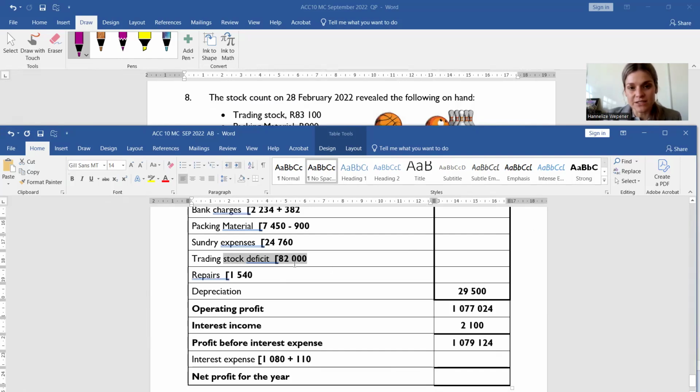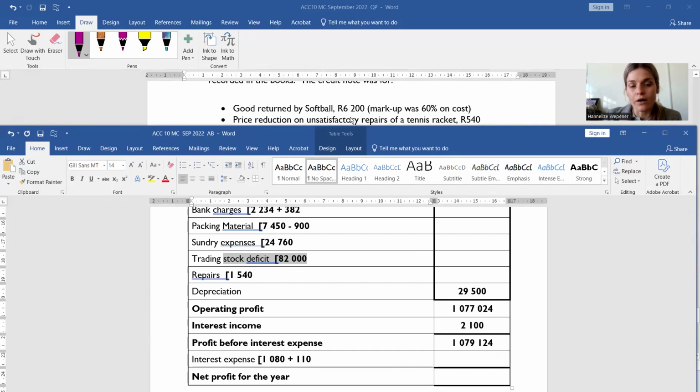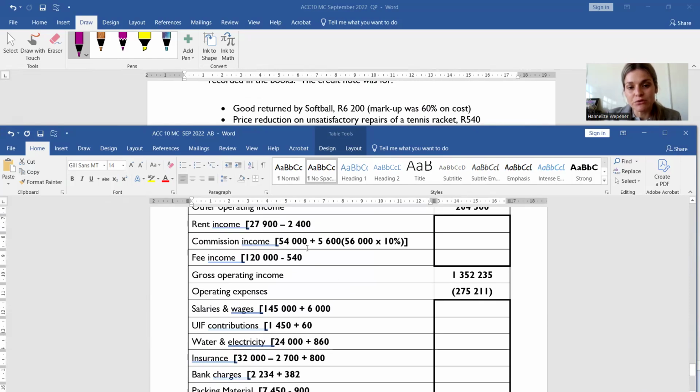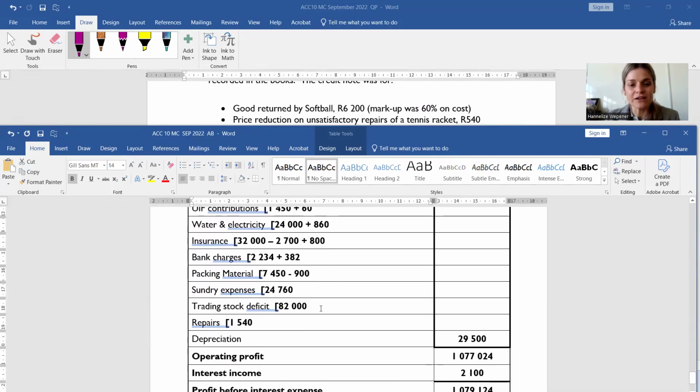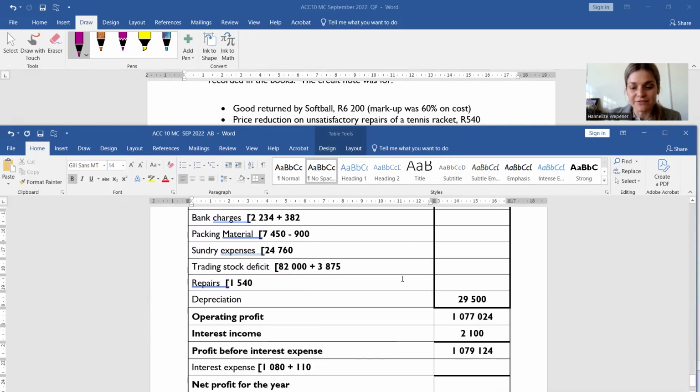You recorded this transaction before you took into account that one of your debtors returned stock to you. So remember, you said that you have to credit your cost of sales, which means that you debited the trading stock because you received your trading stock back in stock. So you now no longer only have 82,000 Rand trading stock deficit, you have that plus your 3,875.